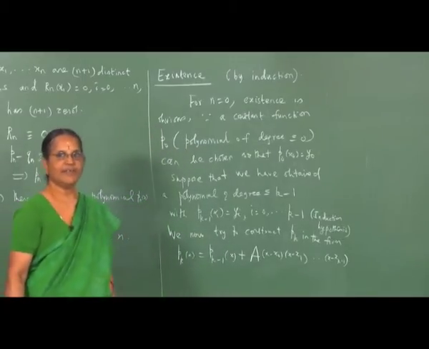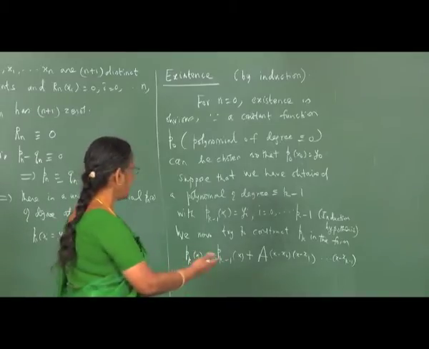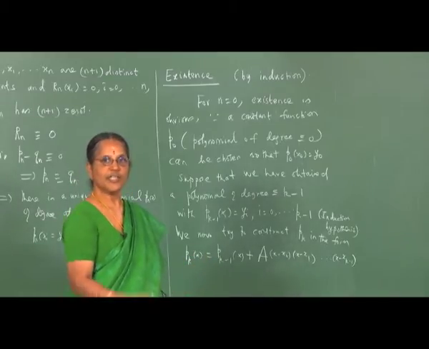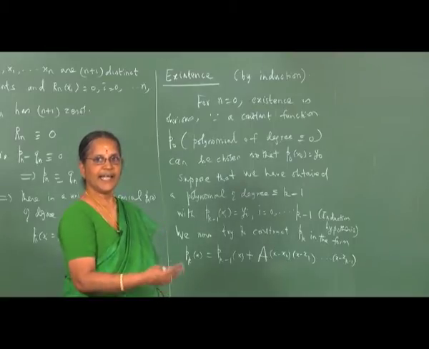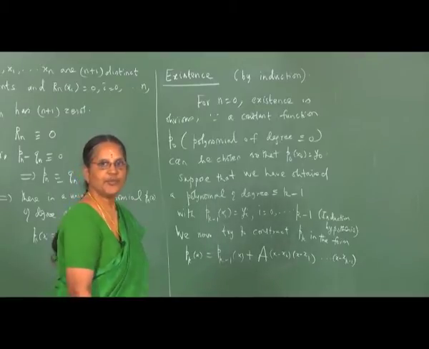Let us see whether this construction works. How do we ensure that this construction works? We must show that pk satisfies the condition that pk at xi is yi for i equal to 0, 1, 2, 3 up to k.